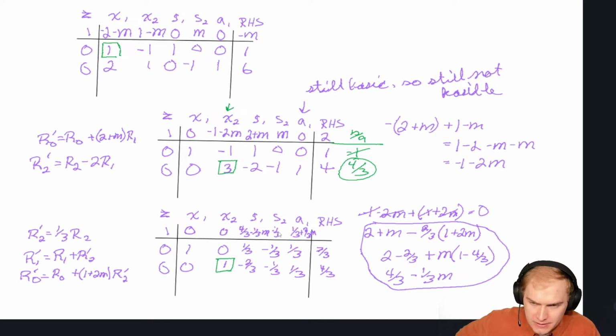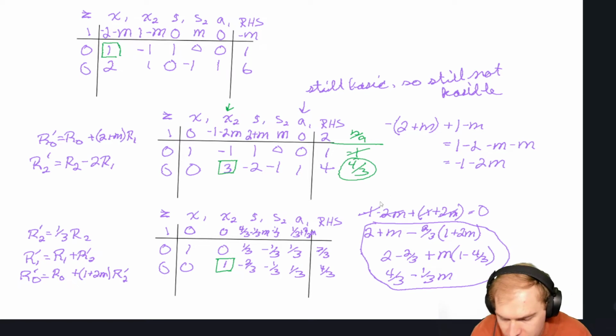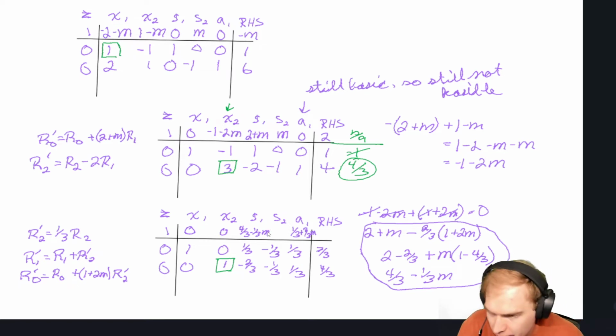What do we think about this? Does this row actually matter? Yeah, it does. I'm going to do this in a different color so that we can differentiate these things later.